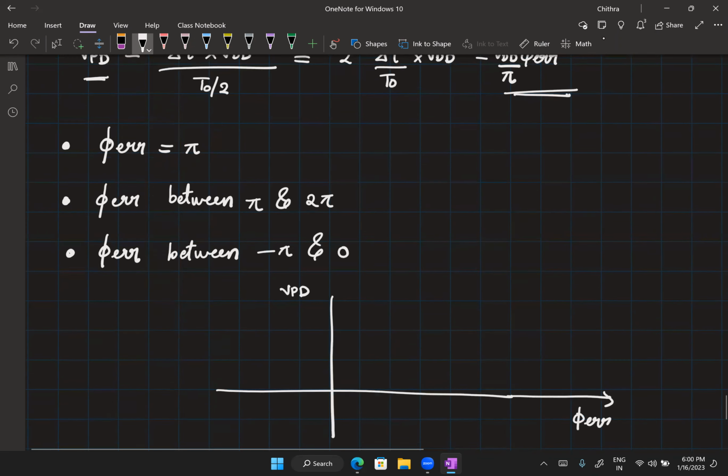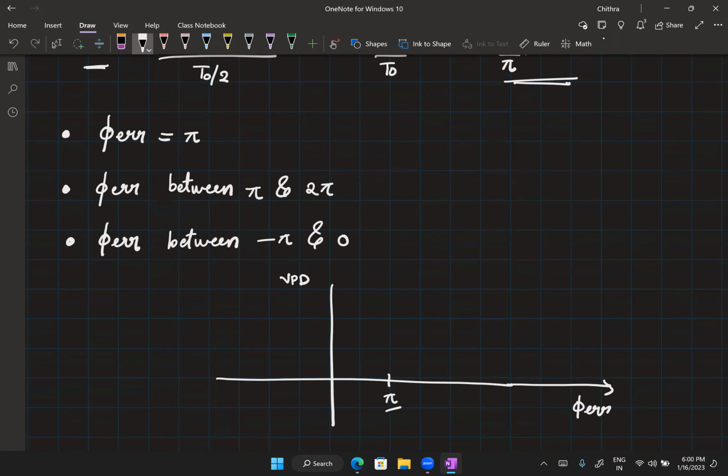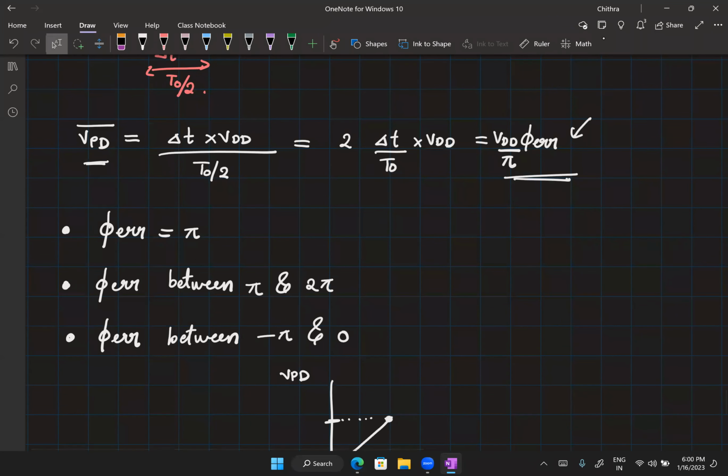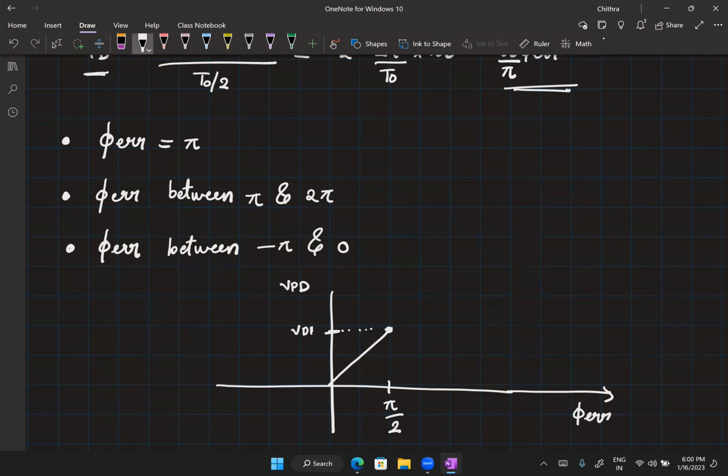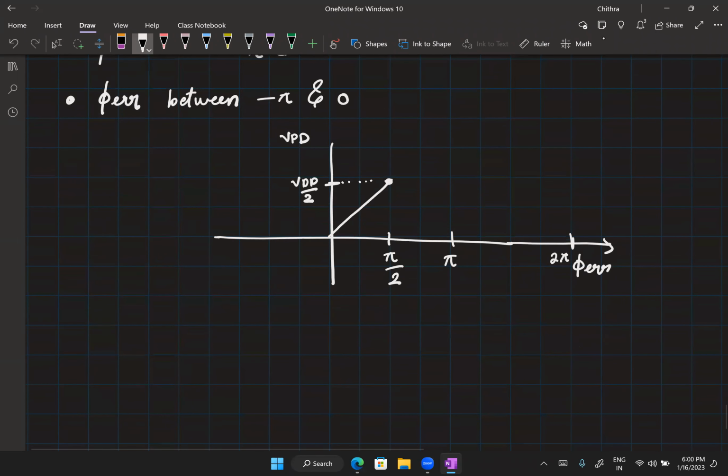Right. So let me draw till pi by 2. And at pi by 2, what is the value? VDD by 2. So now I want to get a whole plot till 2 pi. So here I have pi and 2 pi. And here also I want the plot till minus 2 pi.